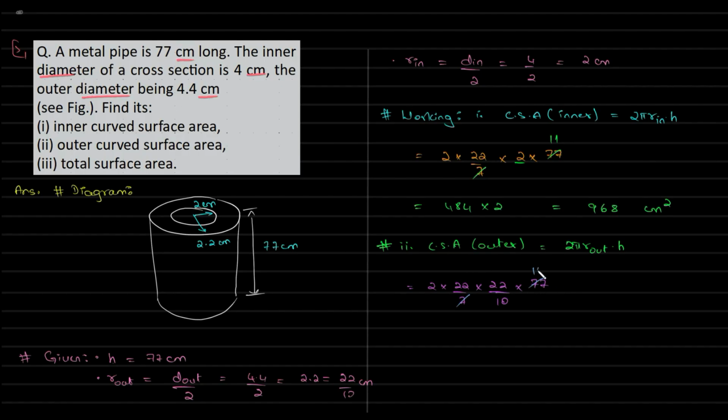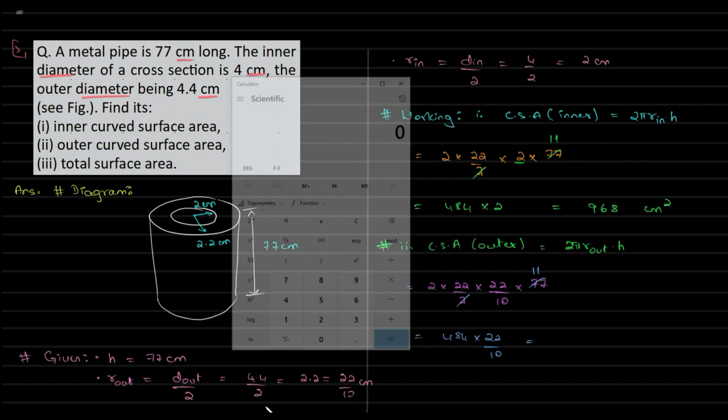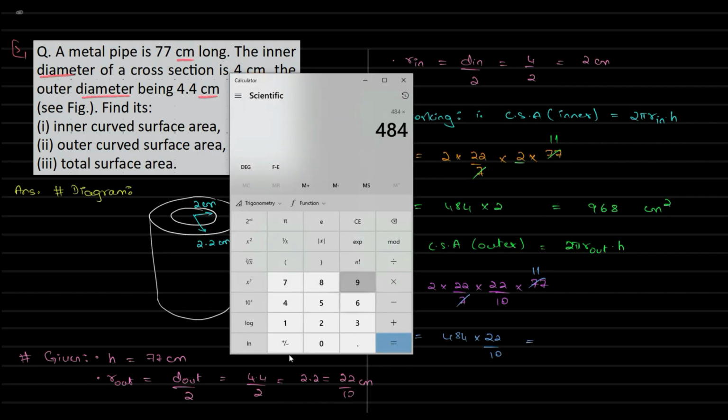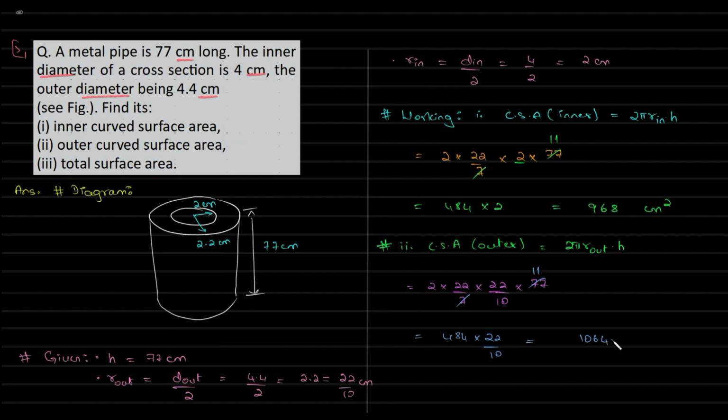So 7 ones are 7, 11s are 11. Again we have 11 into 2, that is 22, into 22 into 22 is 484 into 22 by 10. So simple calculation, but I'll go with the calculator. So 1064.8 centimeter square. Because it's divided by 10, we got this answer.